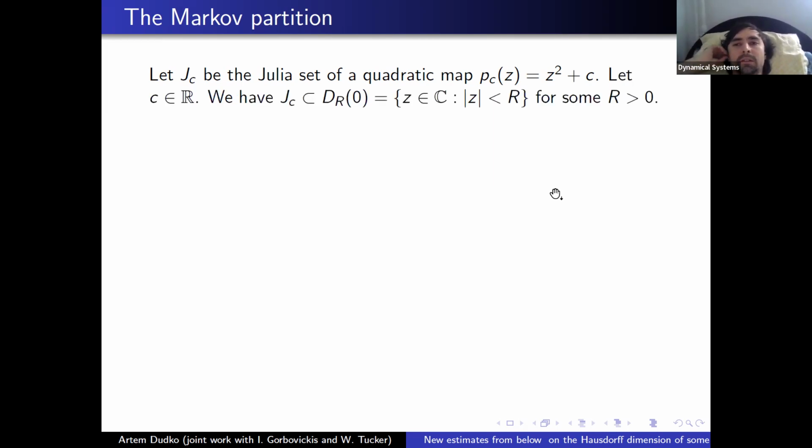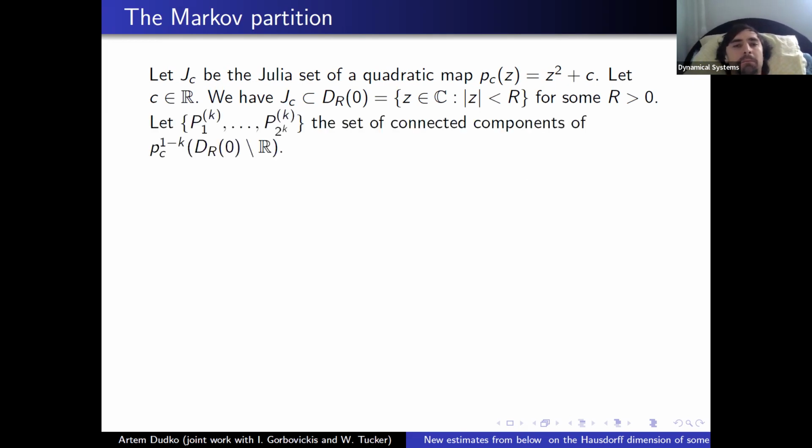To obtain estimates on the Hausdorff dimension of the Julia set of this polynomial, we start by taking a large capital R. For our purposes, R equal to 2 is sufficient. The only condition is that the disk should contain the Julia set inside. We cut the disk of radius R around 0 into 2 half disks, in the upper half plane and the lower half plane.